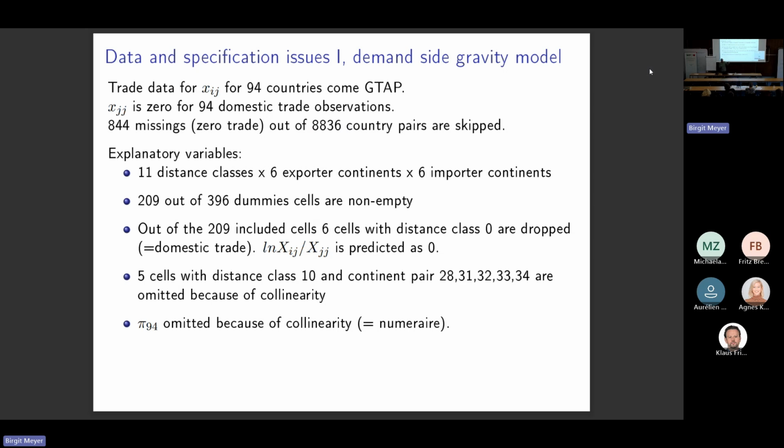If that's the case, then you can't ignore that. So if you believe that it is clustered, then you have to do this correction. And clustering is possibly an idea because this epsilon JJ comes in, the demand shock of the domestic trade. Okay, good.